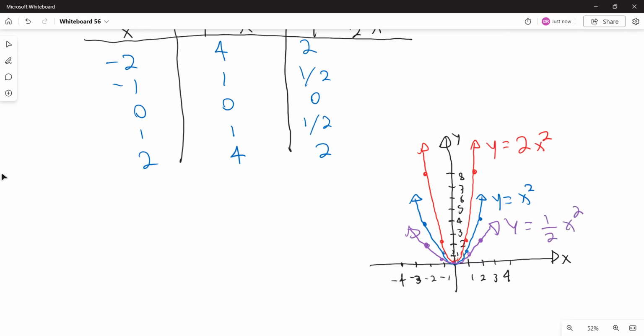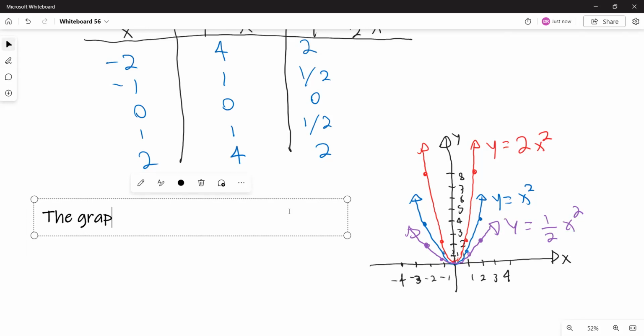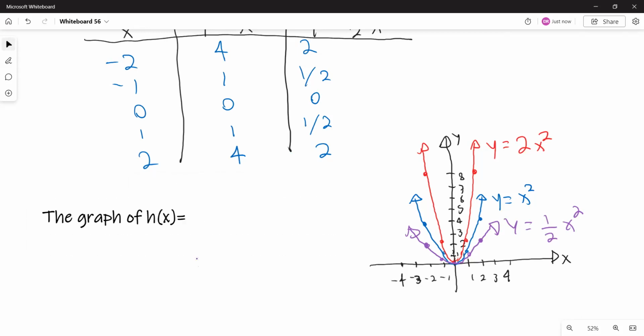And at the end, the graph of h of x that we defined, well, I'll have to write a separate note.